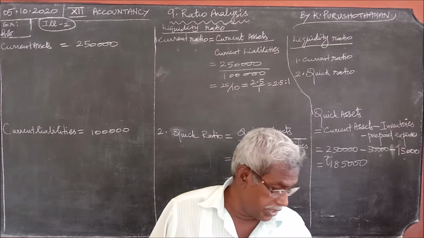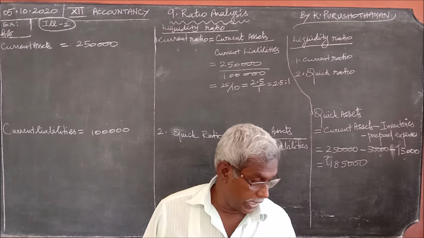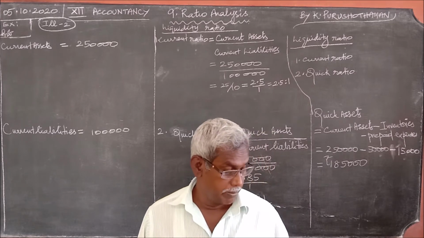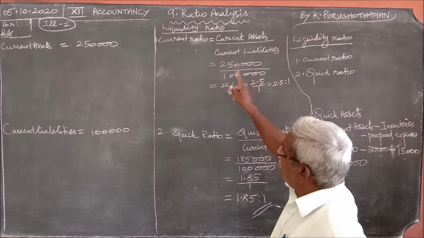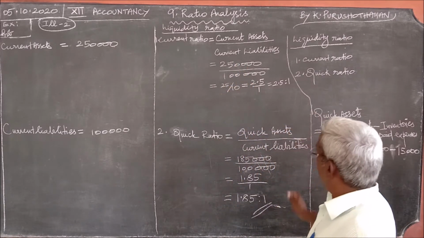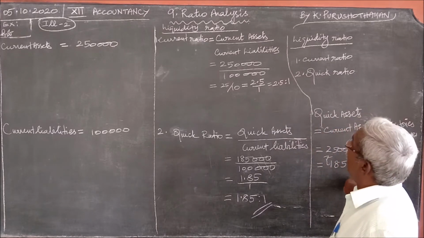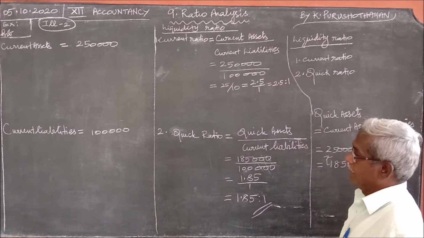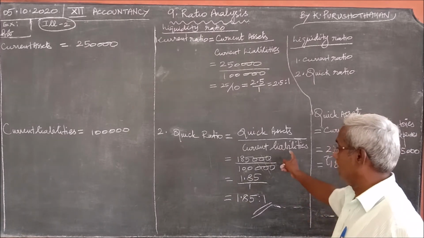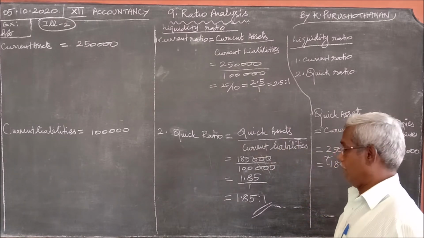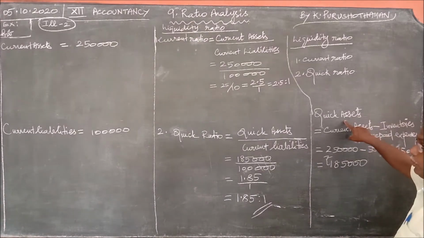But in this illustration number 2, you are not supposed to find the answer for current ratio, but I myself added this current ratio also in this problem. In the problem, only quick ratio they have asked. So if you find the quick assets and the current liabilities, we can write it. Current liabilities given readily 1 lakh. The quick assets are not given readily, but how can we find the quick assets?